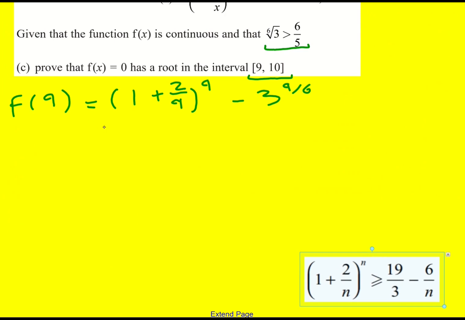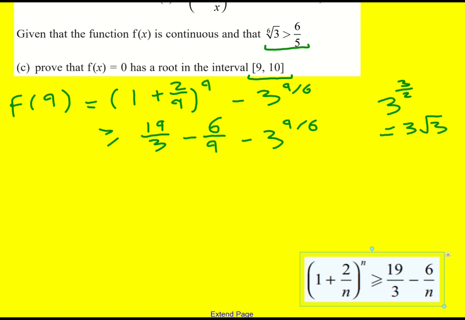So I can say that f of 9 will be greater or equal to 19 over 3 minus 6 over 9 minus 3 to the power of 9 over 6. Now 3 to the power of 9 over 6 actually becomes 3 to the 3 over 2, which is 3 root 3.